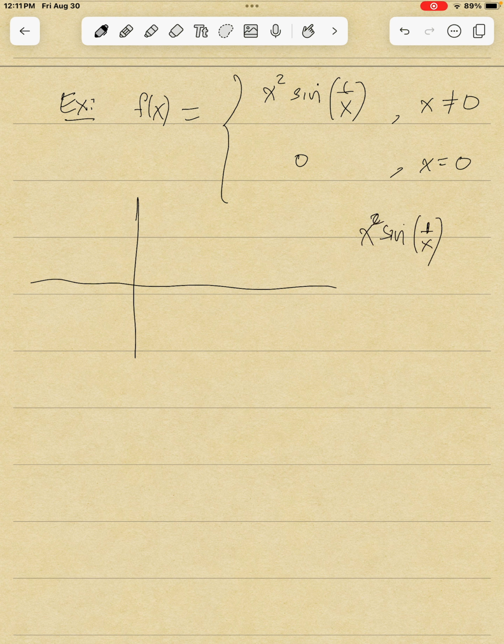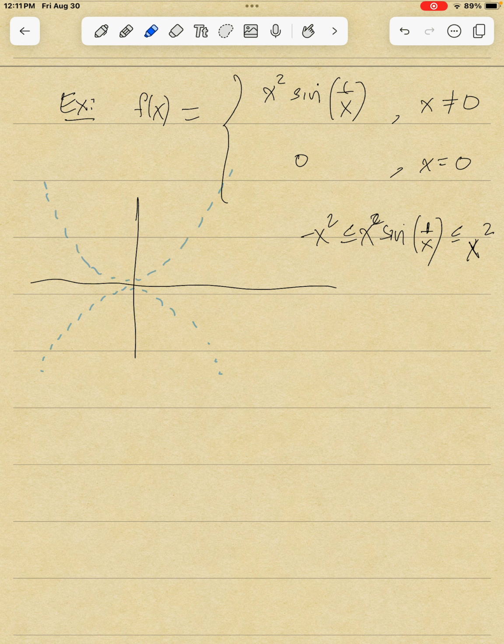This x squared sine of 1 over x might be something that you're familiar with from the squeeze theorem. Since sine of 1 over x is always between negative 1 and 1, x squared times sine of 1 over x is always between negative x squared and x squared. So here's negative x squared, and here's positive x squared.